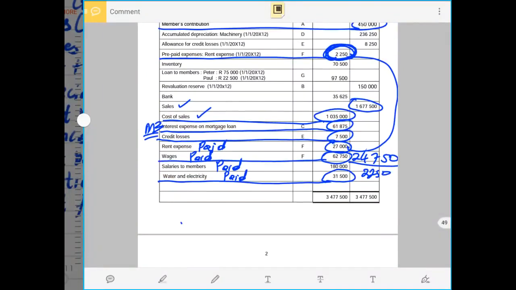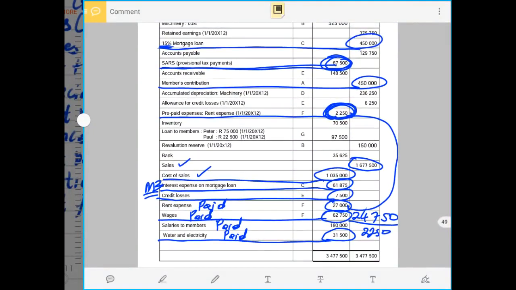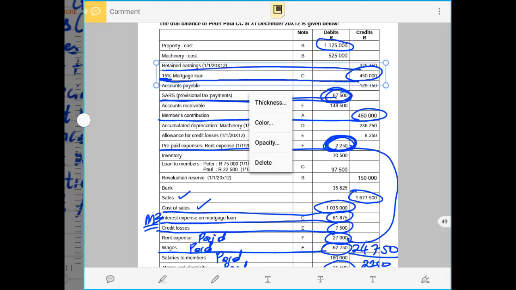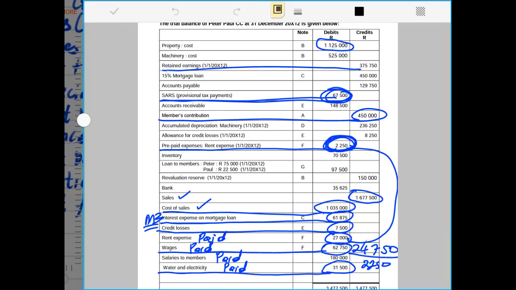Revaluation reserve is given at an opening balance. Okay, first the retained earnings. Our retained earnings is 375,750. That's why I took that.